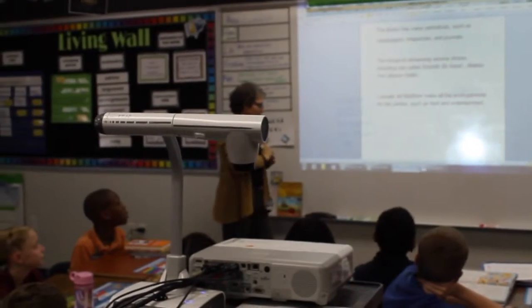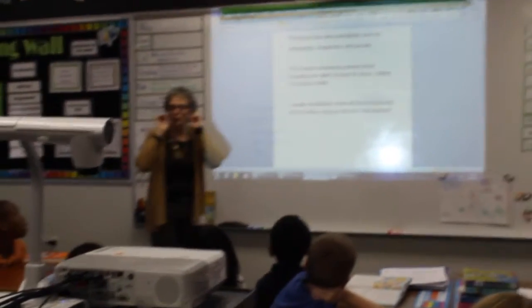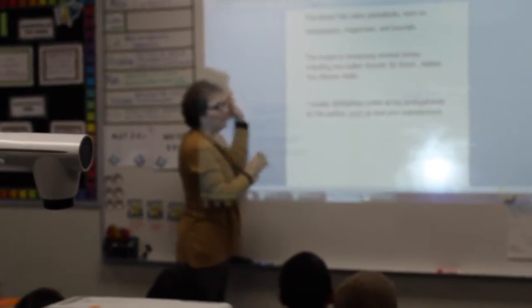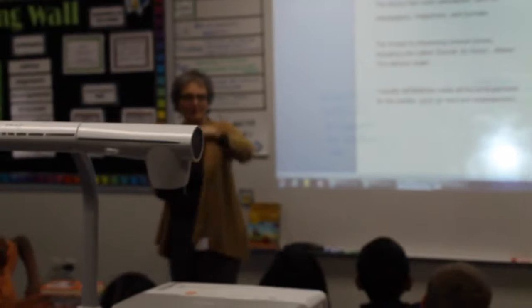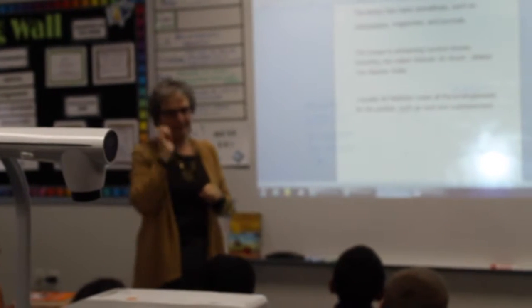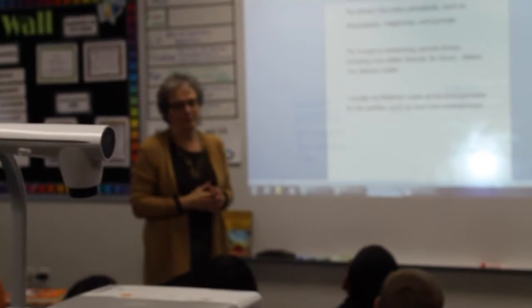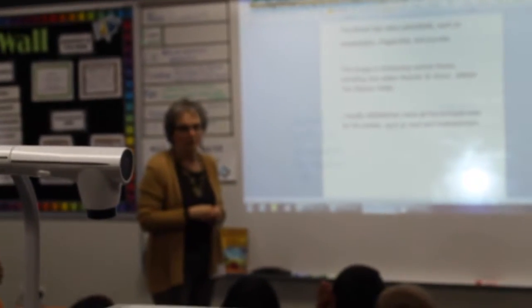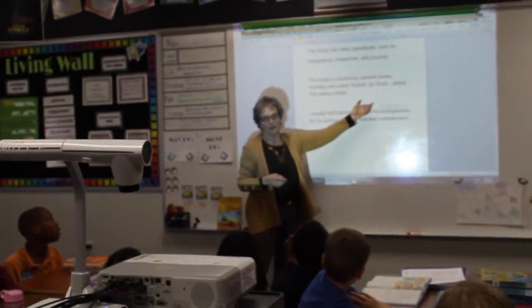All right. Before we go to our groups, what's one way that we can figure out a word if we don't have these signal words? You could look in the word and see if there's any other smaller words inside of it and try to figure out the meaning of that word. Awesome, like we did with arrangements.